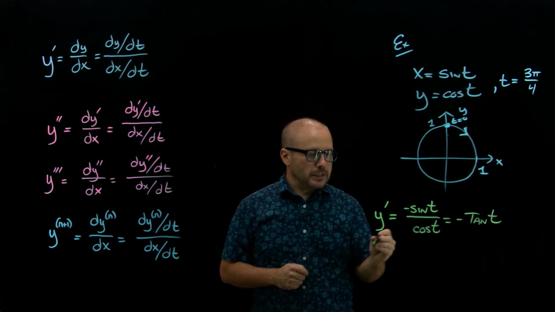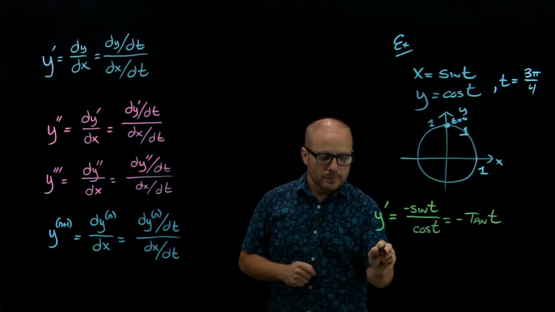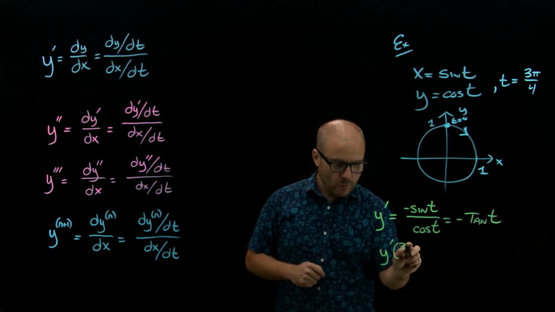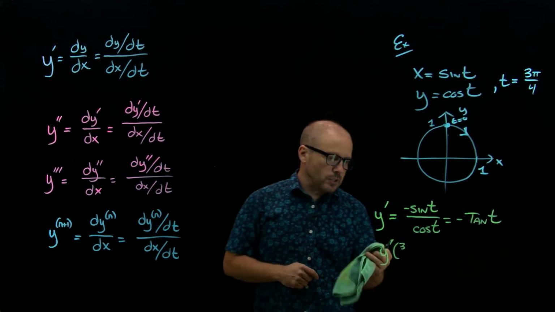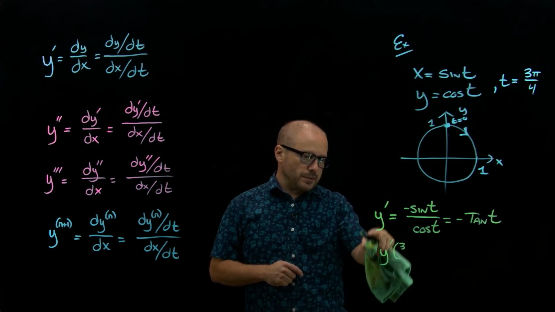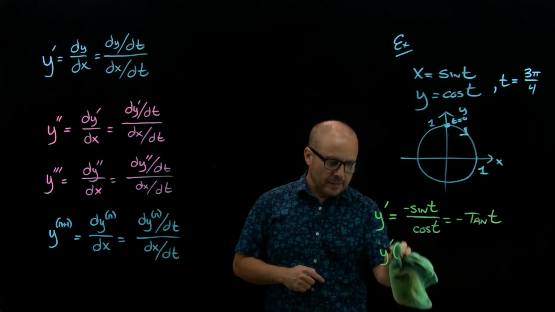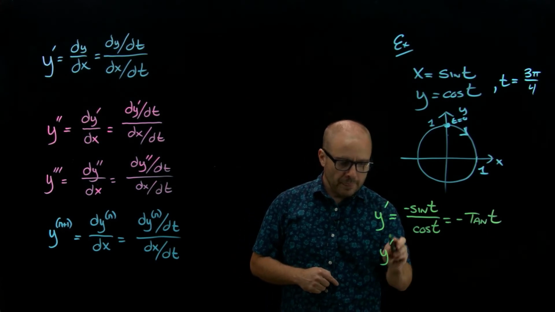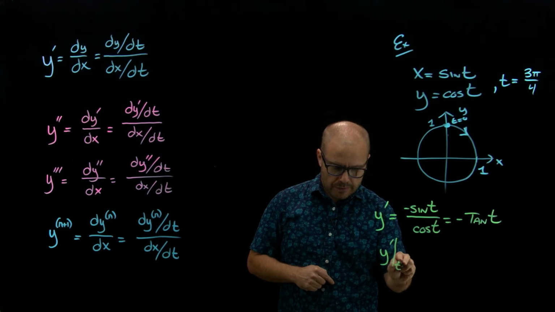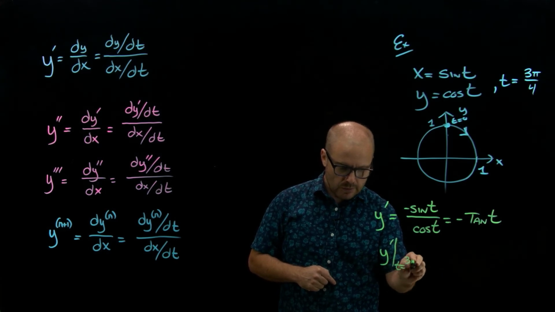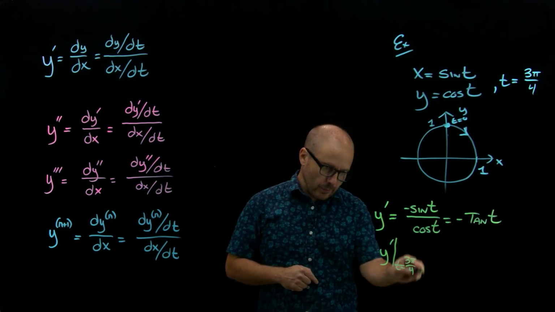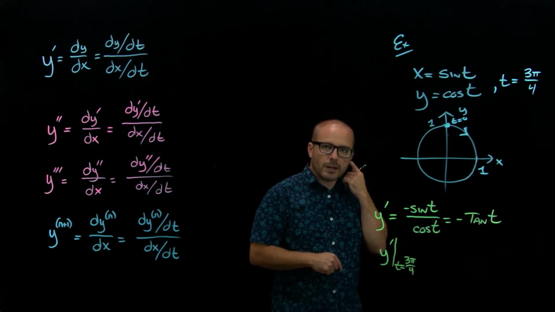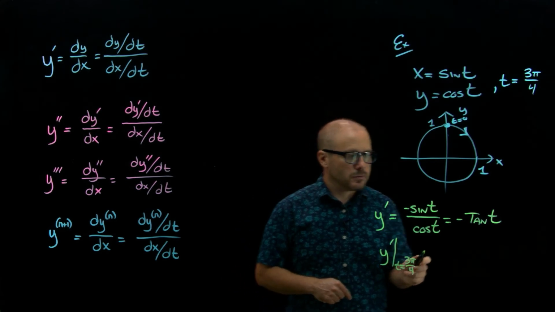We were interested at 3 pi over 4. And really, I probably shouldn't use this function notation, right? This implies y as a function of x. That makes it seem like I'm saying x is 3 pi over 4. So I'm going to use the more explicit notation like that, so it's clear to the reader that I'm taking that first derivative and evaluating it at t equals 3 pi over 4.